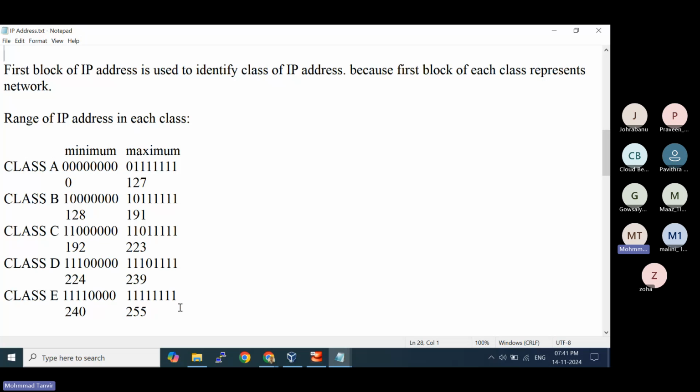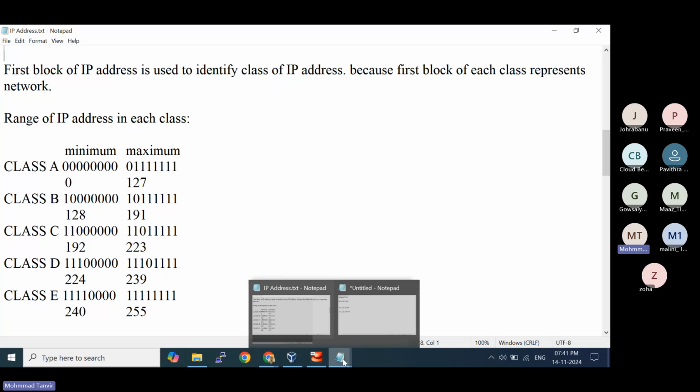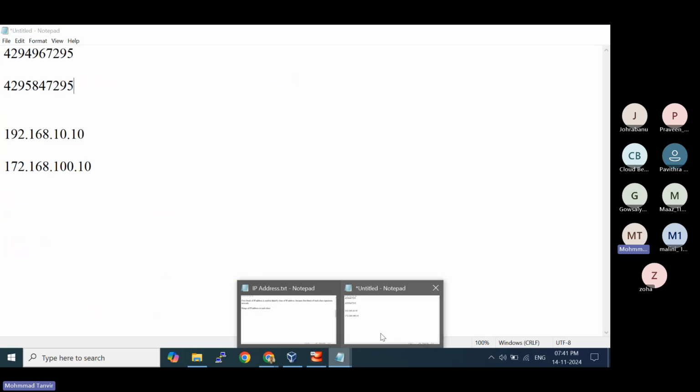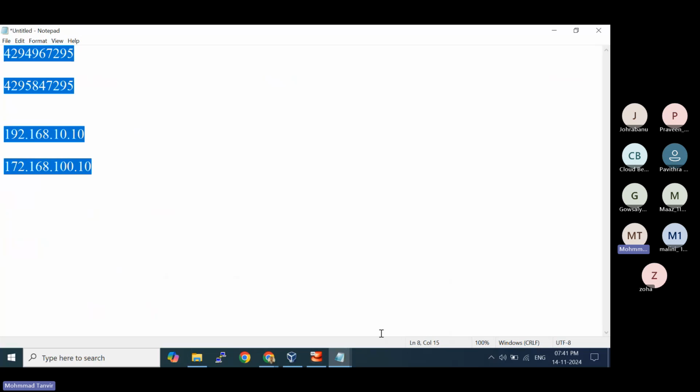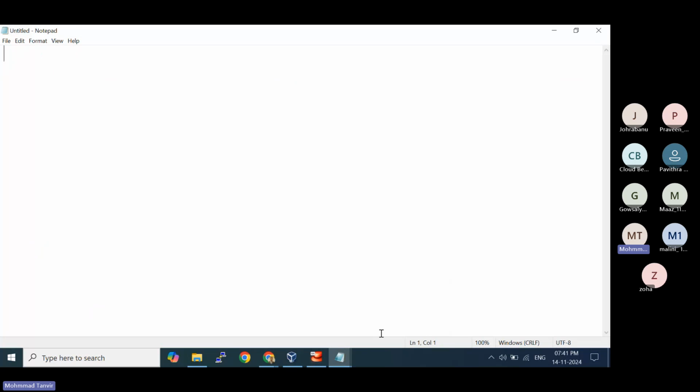You have to memorize this range. If you want to learn IP addressing properly, you have to memorize two things: in which class how many blocks are network and how many are host. As you know, there are only 4 blocks, so it is easy to memorize. Assume A is 1, B is 2, C is 3.